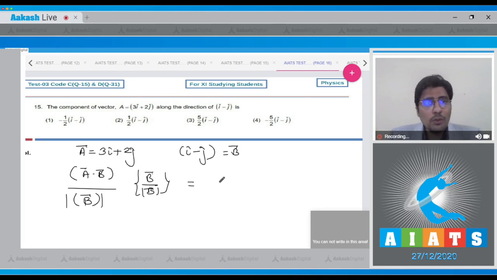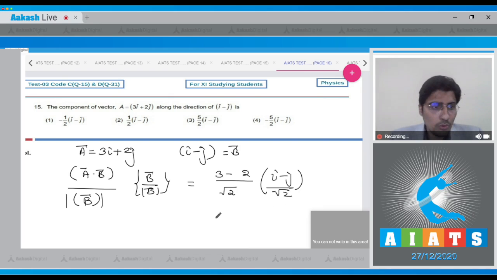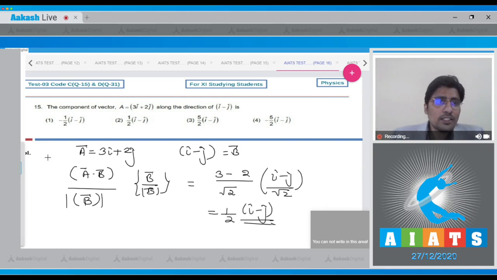So this will be equal to 3 minus 2 by the magnitude of B, that is root 2, into vector B, that is i cap minus j cap divided by root 2, and this will be equal to half i cap minus j cap, meaning that the correct answer for this question should be option number 2.